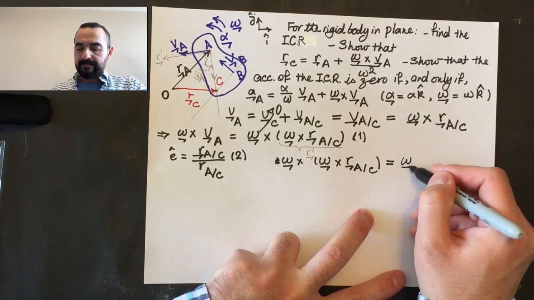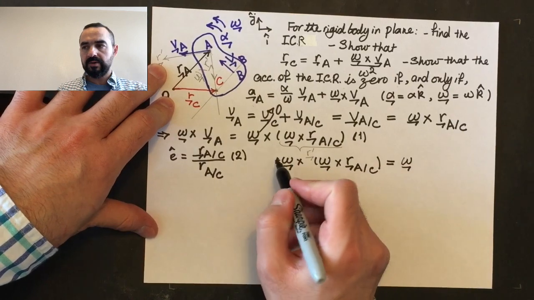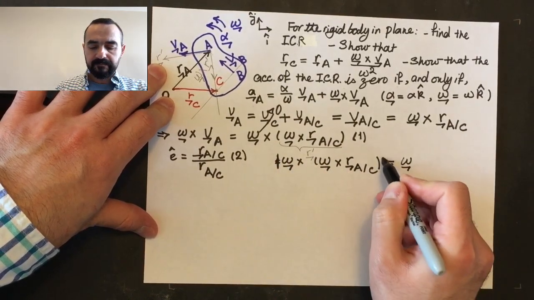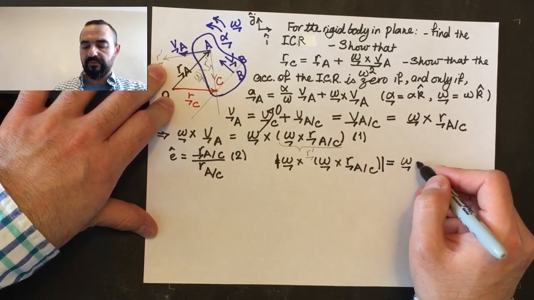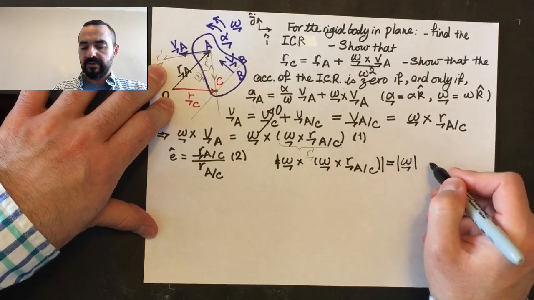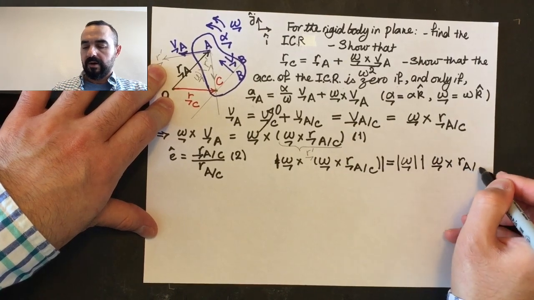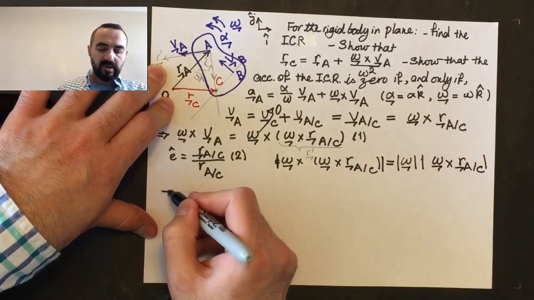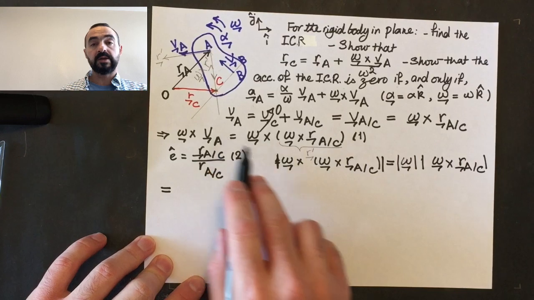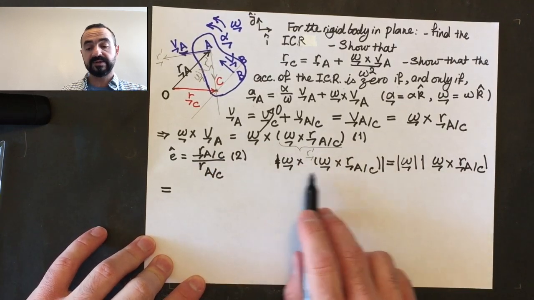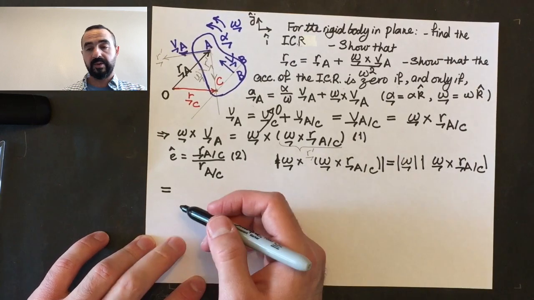Right now I'm looking at only the magnitude of this vector. We are looking for the magnitude of omega and the magnitude of omega cross RA with respect to C. You can replace omega cross RA with respect to C with R prime if that's easier to see and then compute the magnitude.